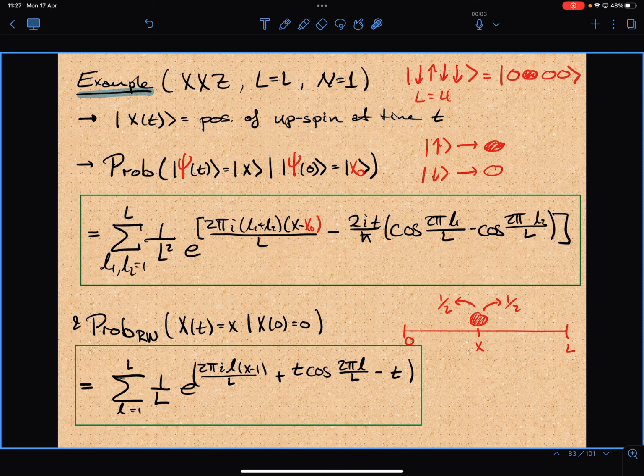The main difference between the L equals 2 and the general case is that in the L equals 2 case, you had a 2 by 2 matrix that you had to find the eigenvectors of and take the exponential. In this case, the corresponding matrix would be an L by L matrix. So you have to find a bigger set of eigenvectors and eigenvalues and take the exponential of the matrix.